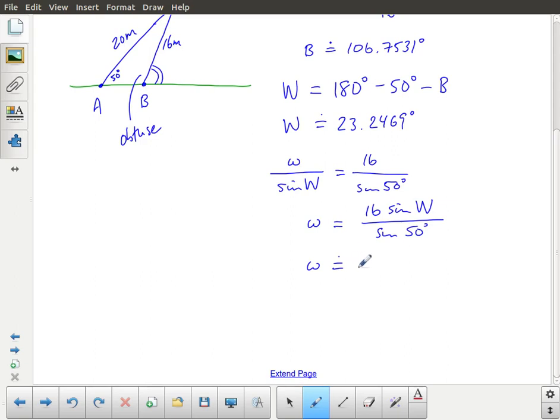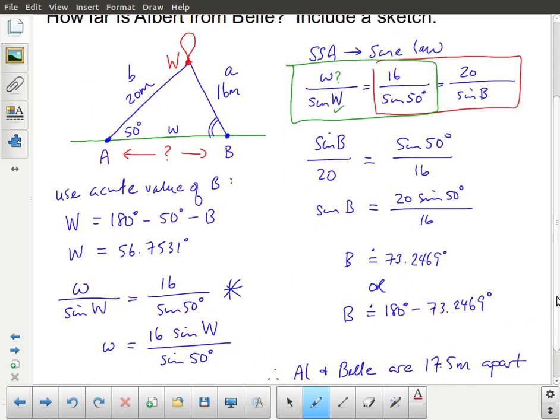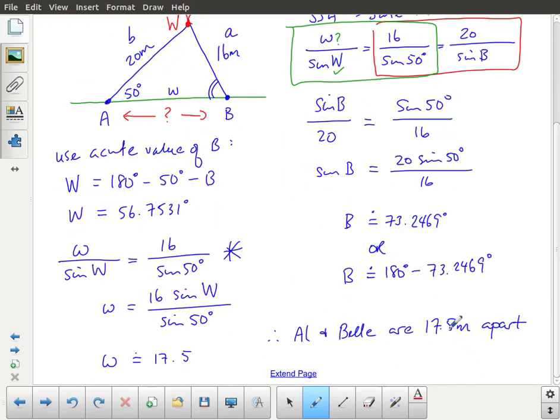And I end up with W is approximately equal to 8.2, and this is my final answer. Therefore, Albert and Bell are 8.2 meters apart. And that varies quite a bit from what I got here, 17.5 meters apart.